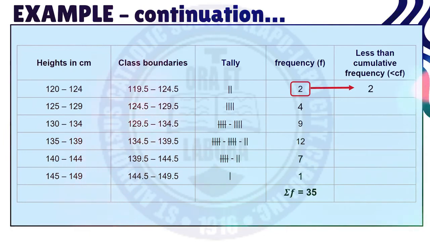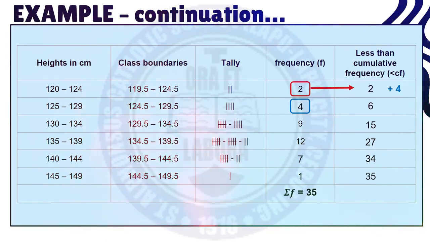After which, we have to add 2 with 4 so that it becomes 6. Then 6 again, you add it with 9, so it becomes 15. 15 plus 12, it becomes 27. And 27 plus 7 is equal to 34. And 34 plus 1, it becomes 35.